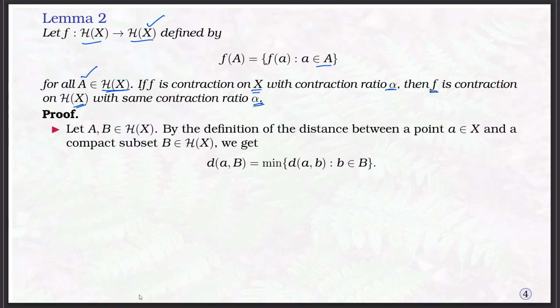For proving the contraction ratio, we need to take two elements in H of X and we need to find the distance between A and B. So, this is the Hausdorff metric space.